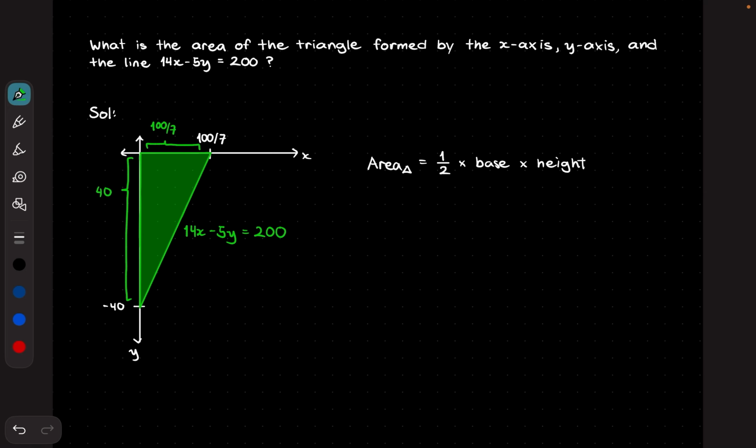Applying that to what we have, we obtain 1/2 times 100/7 times the height, 40. Notice that 2 divided by 40 will just yield 20. Simplifying, this becomes 2000 over 7. Since the units are not given, let's just put here square units.